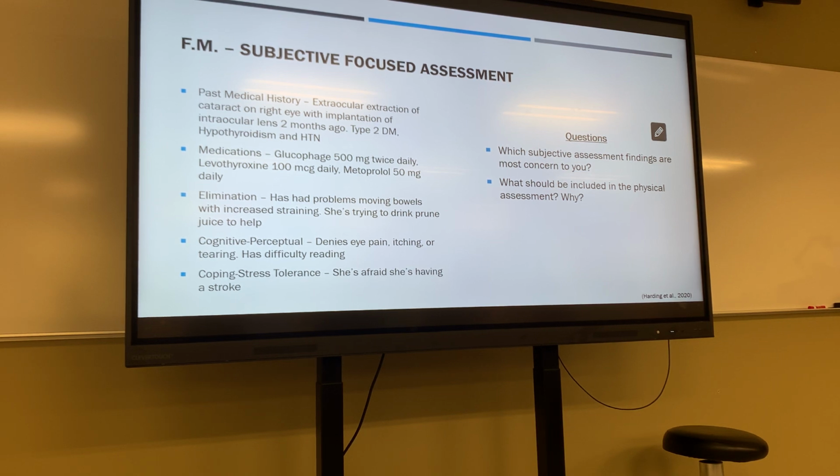She has had problems moving her bowels with increased straining, so increased pressure, right? She's trying to drink prune juice. She denies any eye pain, itching, or tearing. She does have difficulty reading. She's afraid she's having a stroke because vision changes could be linked to stroke, okay?